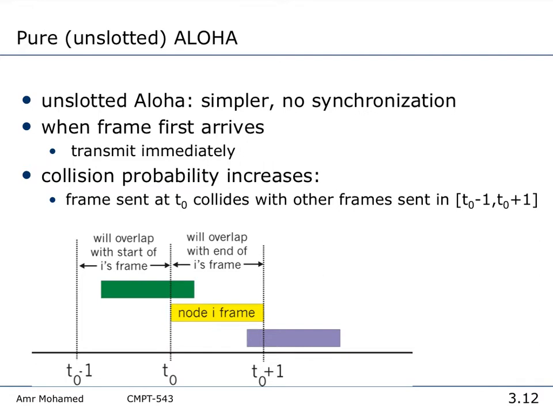This exact same node may select to send here, in this time slot, and this will also collide. So one node may actually collide with node I twice, because it tries to send here, finishes, and then tries to send here as well.